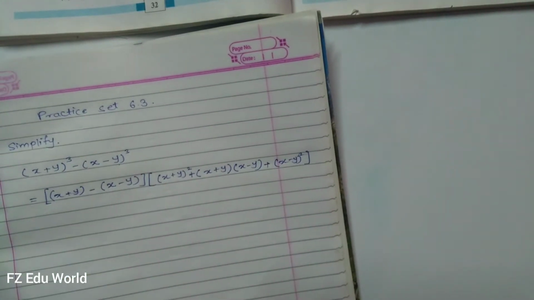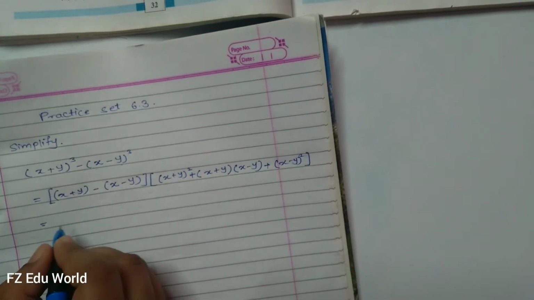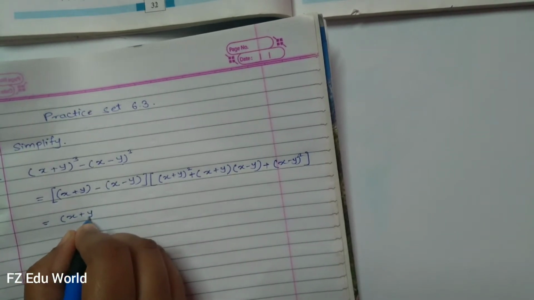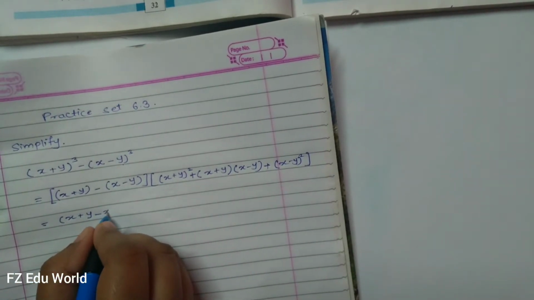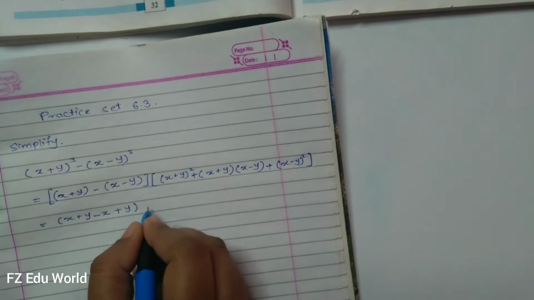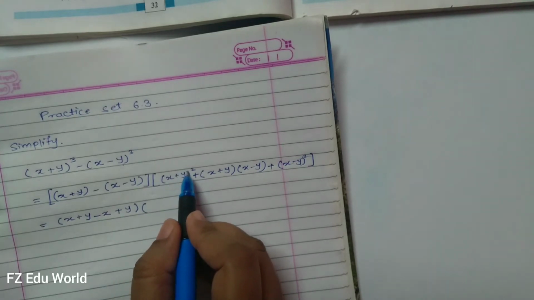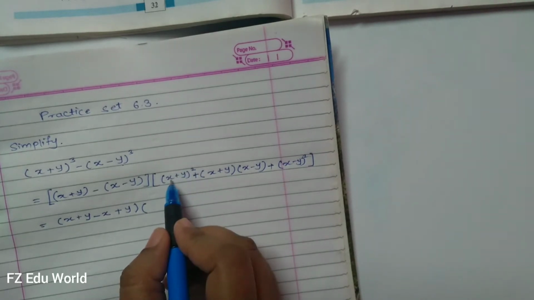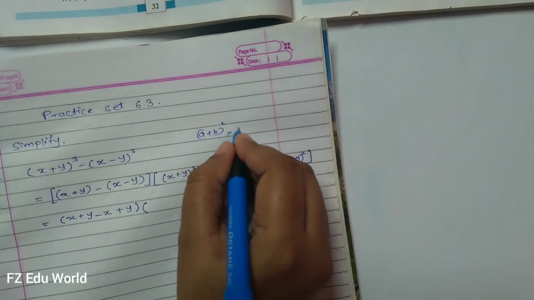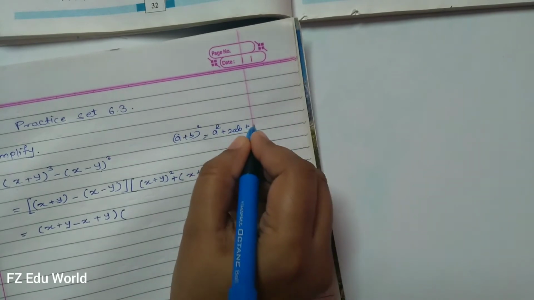plus the second term's square, that is (x minus y) square. Now we will solve this. Is equal to x plus y minus x plus y. Now in the second bracket, here (x plus y) square, so we will apply the formula (a plus b) square is equal to a square plus 2ab plus b square.